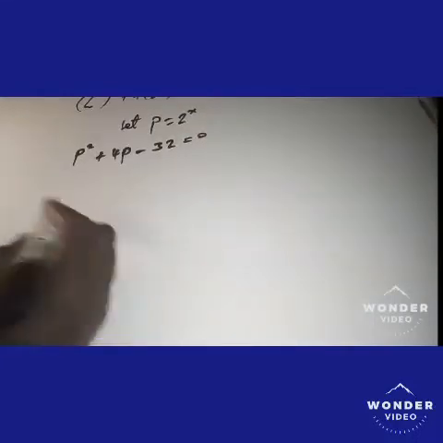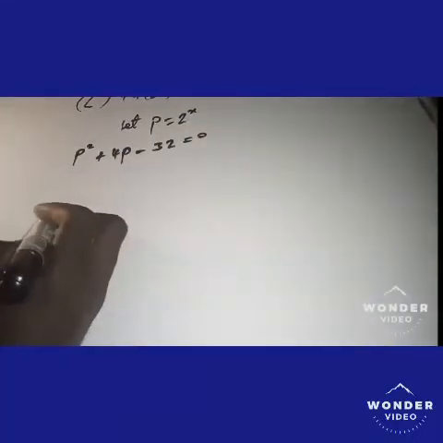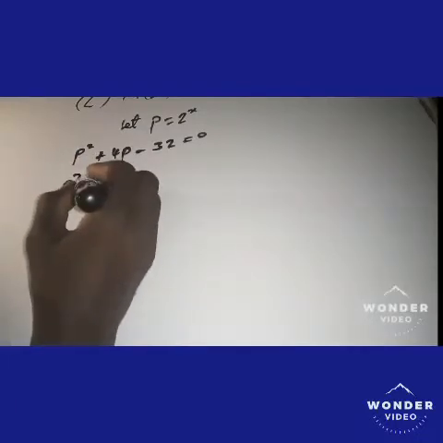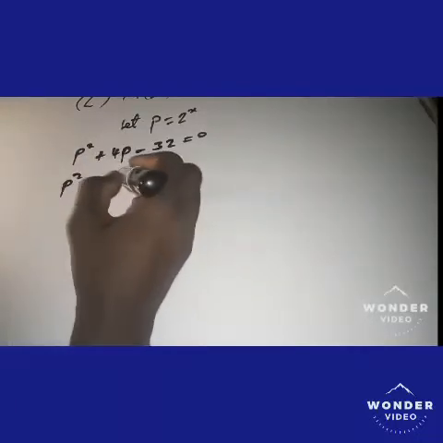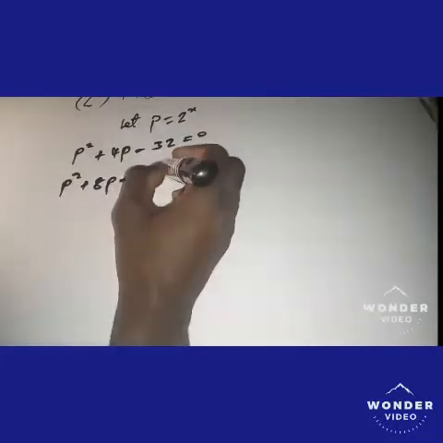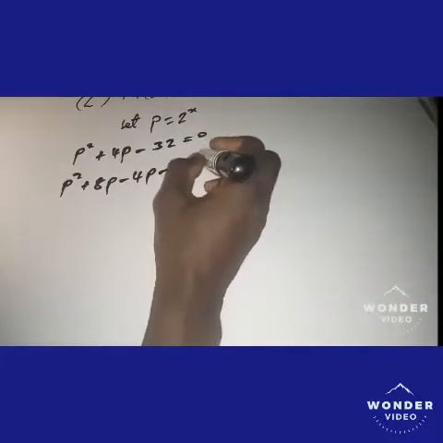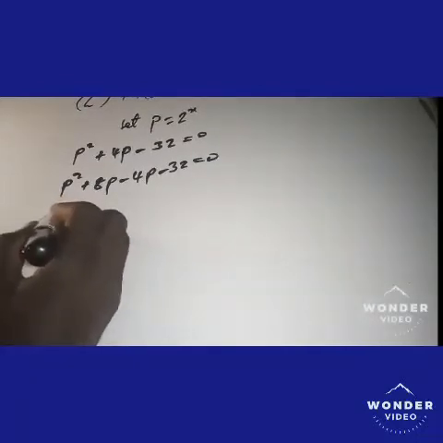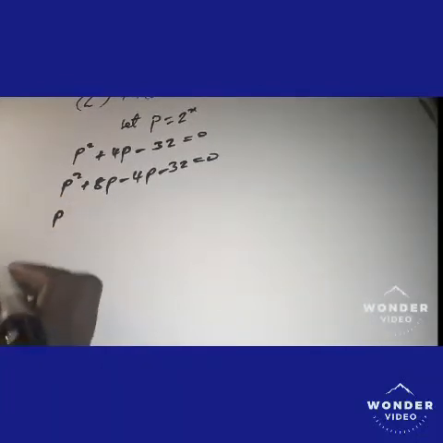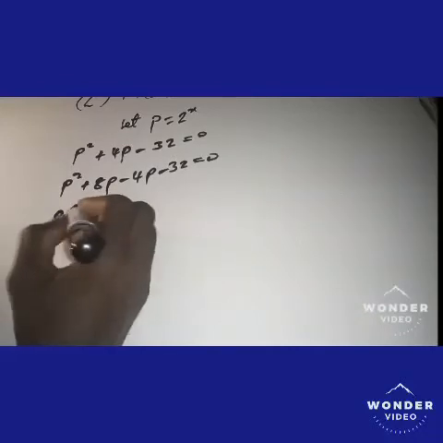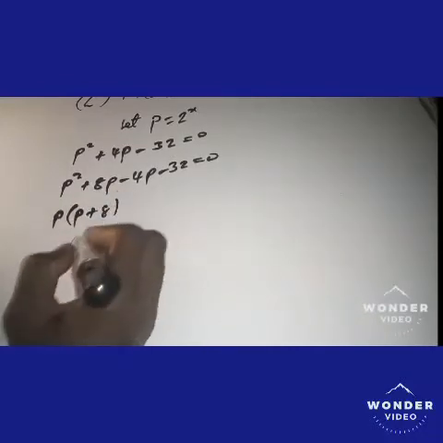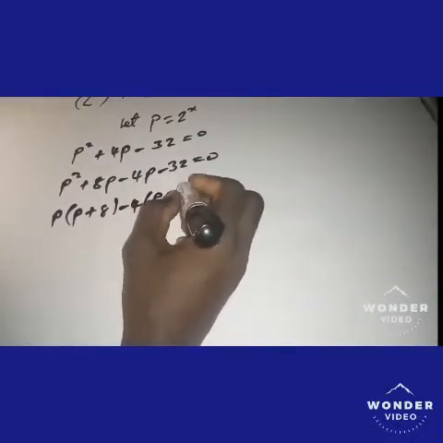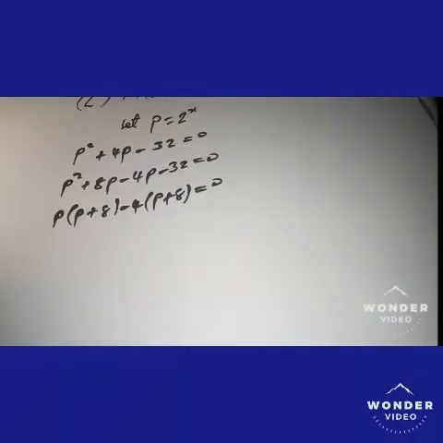Factorizing this equation, we now have p to the power of 2 plus 8p minus 4p minus 32 equals 0. That's by grouping. So p, by factoring out p, into p plus 8, minus 4 into p plus 8 equals 0.